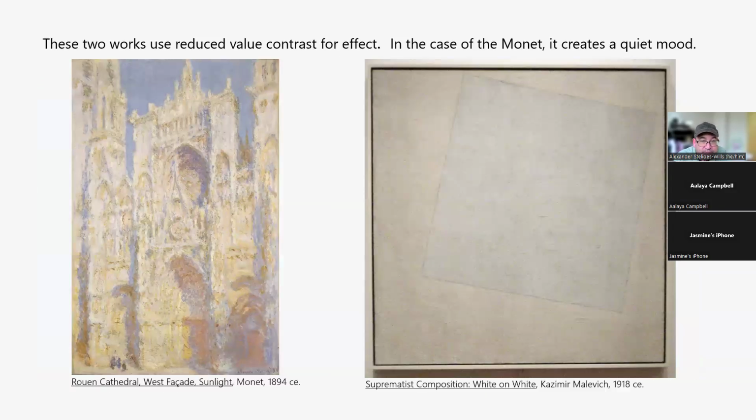Okay. So here are some examples of artists using very narrow ranges of value, right? For Monet doing Rouen Cathedral, and we'll talk more about Rouen Cathedral paintings when we get to the second unit on color, the advanced topics lecture, which is I think in unit 8.